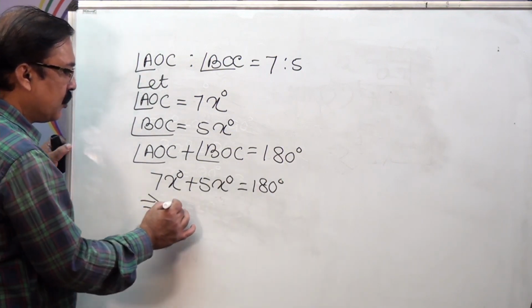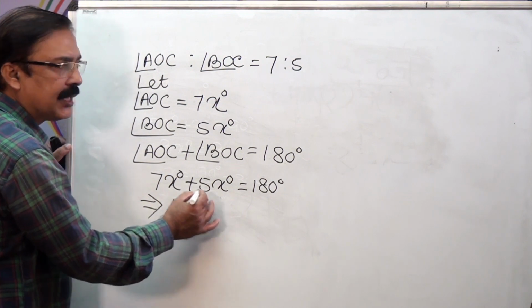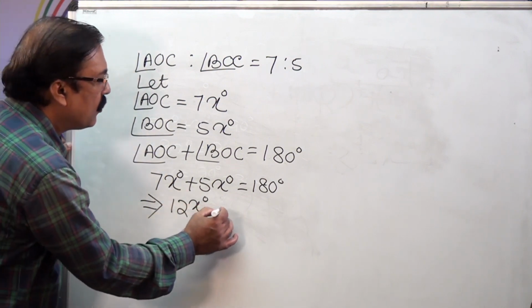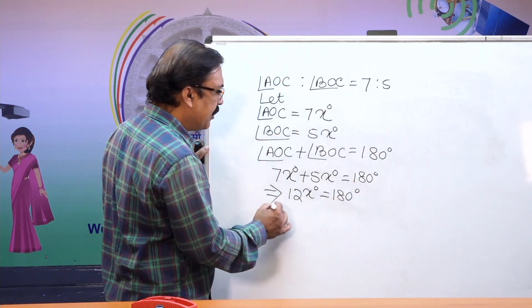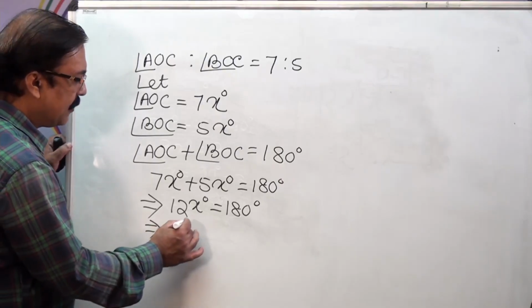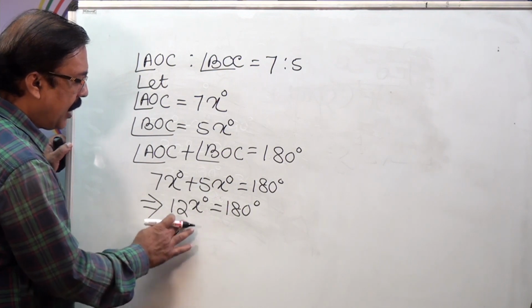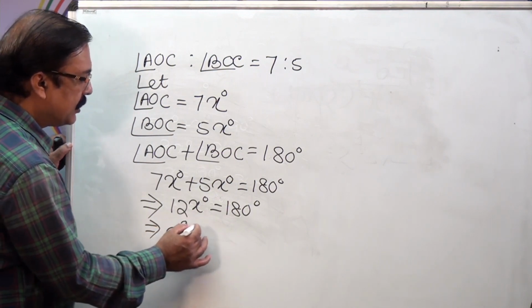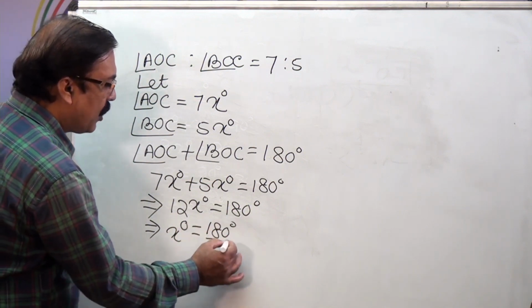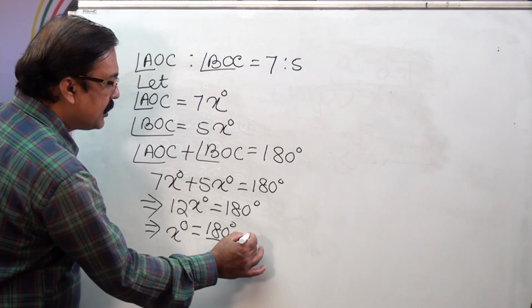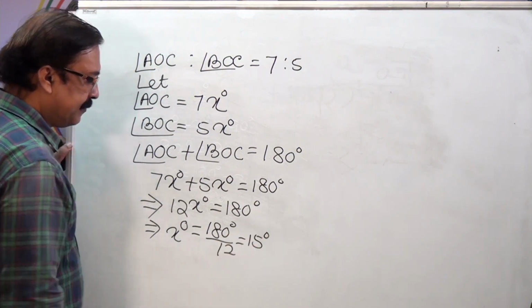This means 12x degrees is equal to 180 degrees. That gives x equal to 180 by 12, that is 15 degrees.